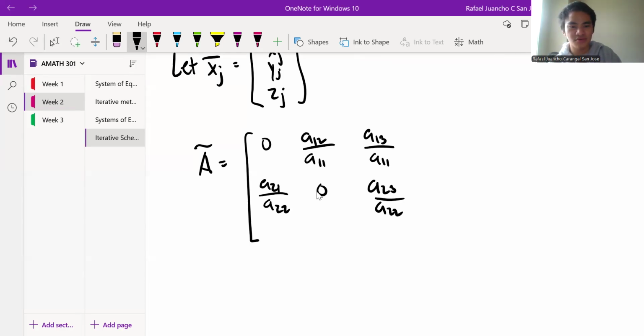What else do we have? a31 over a33, a32 over a33, 0. So here you notice that the diagonal is all zeros, while the others contain elements, right?